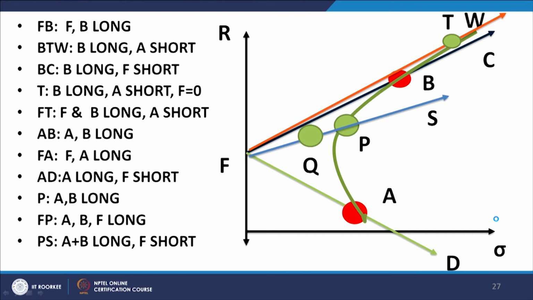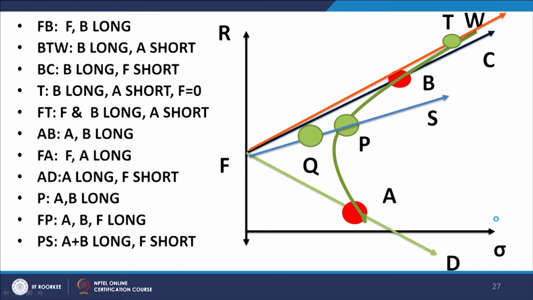So, at the point T, FT is tangent to the arc ABTW. So, at the point T we have A long, because it lies on the hyperbola AB. I am sorry, we have A short, we have B long, and we have no involvement of risk-free lending or borrowing.